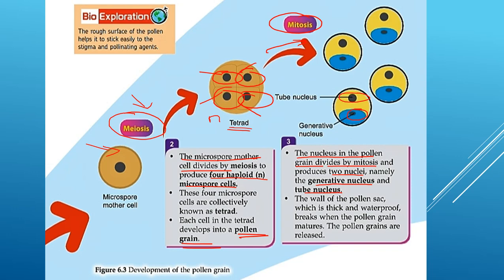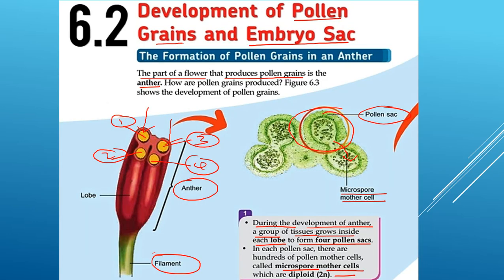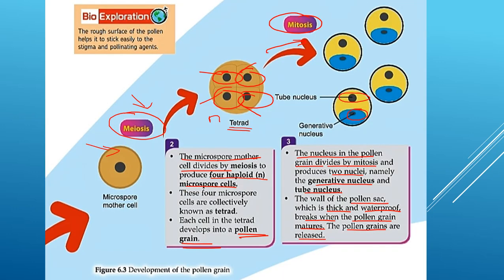The wall of the pollen sac, which is thick and waterproof, breaks when the pollen grain matures. The pollen grains are released. So when the pollen grain has matured, this pollen sac will break to release the pollen grain.